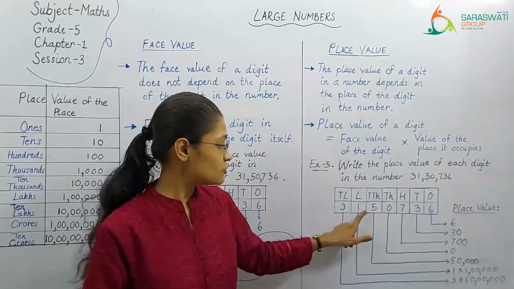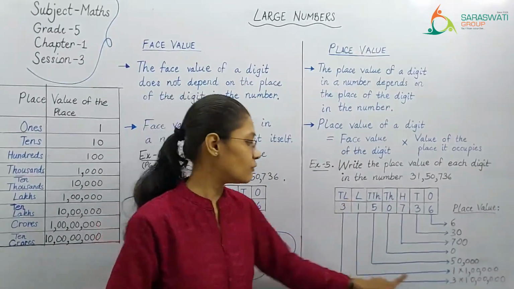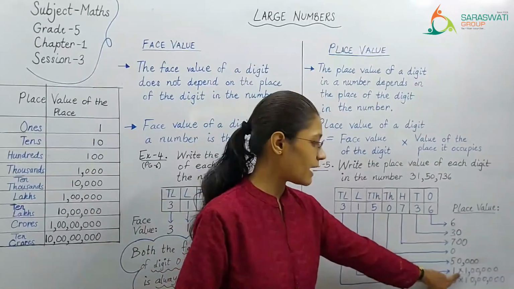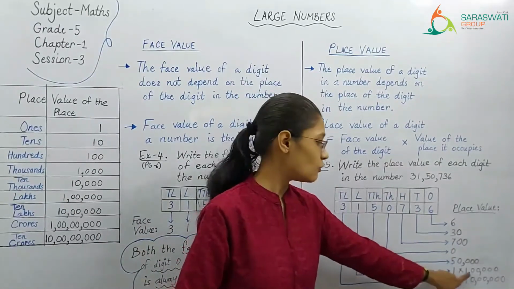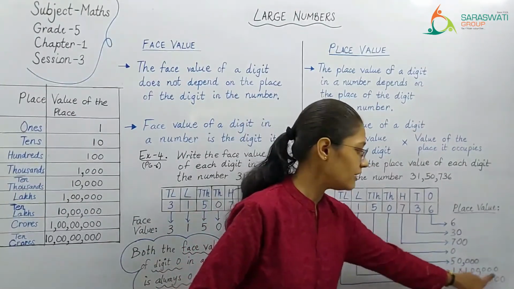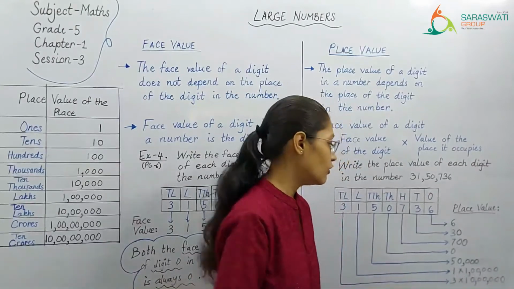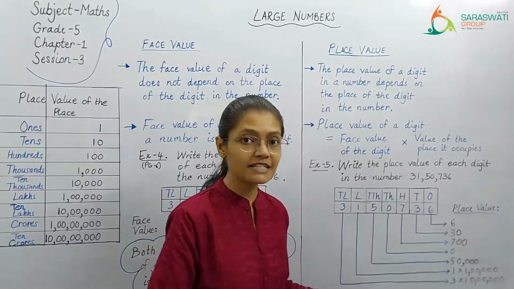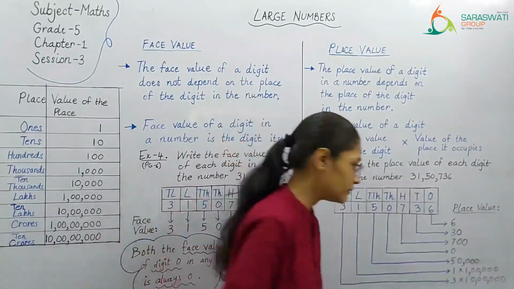Now, the place value of digit 1 at lakhs place is equal to 1 multiplied by the value of lakhs place, that is 1 lakh, 1 followed by 5 zeros. So the place value of digit 1 at lakhs place is 1 lakh.